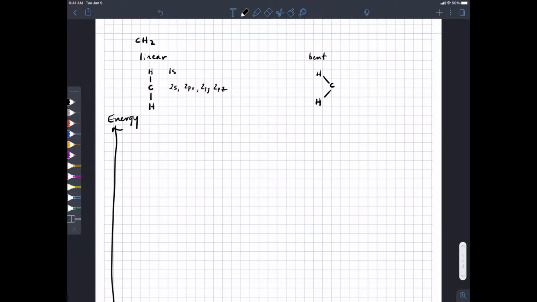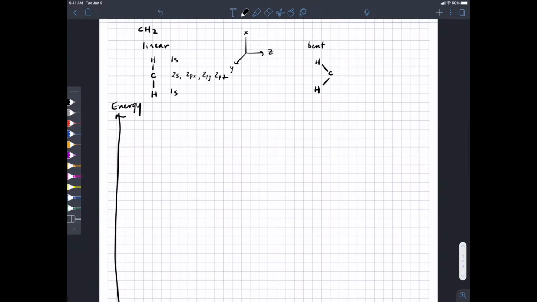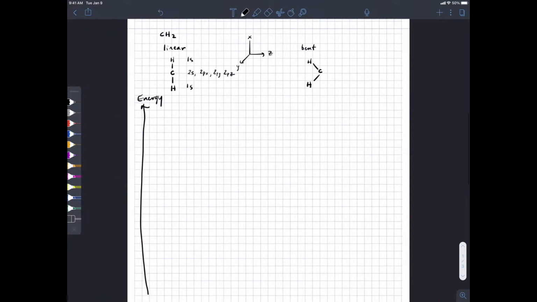On hydrogens, we've got 1s orbitals each. And then let's just remind ourselves of our coordinate system. Z is here, Y is here, X is up. So in our linear CH2, our molecule is lined up along the X axis.